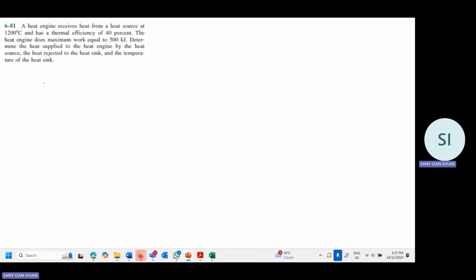Okay, so let's draw the diagram to describe this condition. You are given the temperature of the source, so you have TH equals 1200 degrees Celsius. So that is our source.